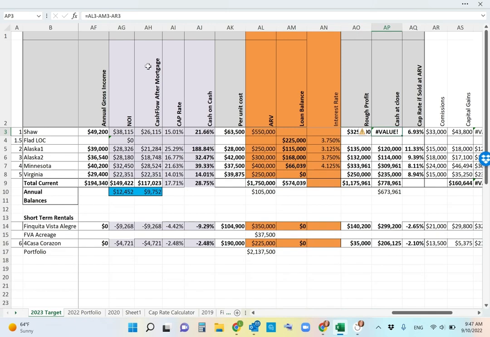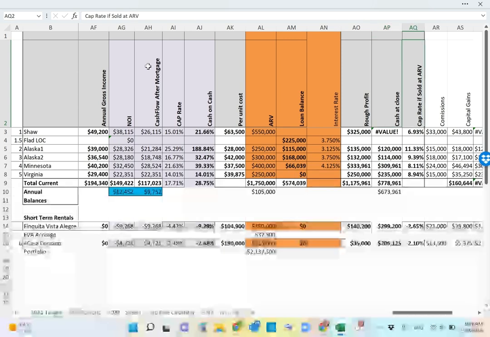Again, looks like I need a little work here, but the cash at close would be what I would assume to have after including any real estate agent commissions. So for example, if I sell my own buildings, I still charge myself 6% and pay that to myself in my real estate brokerage from my investor perspective.